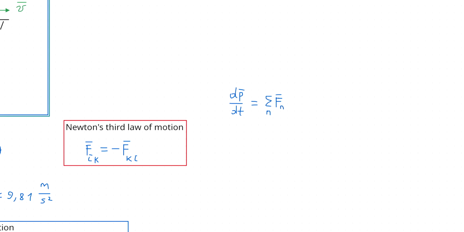And plus the sum of all internal forces, and this will be a double sum because we have two indices, and here of course k is not equal to i, because a material point cannot act upon itself.